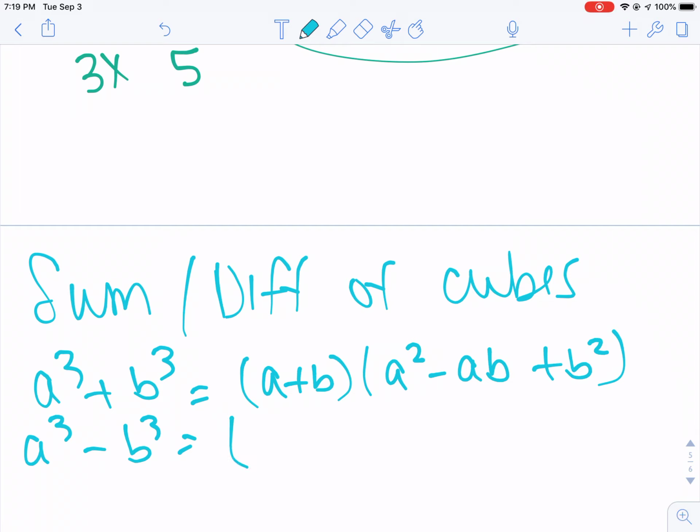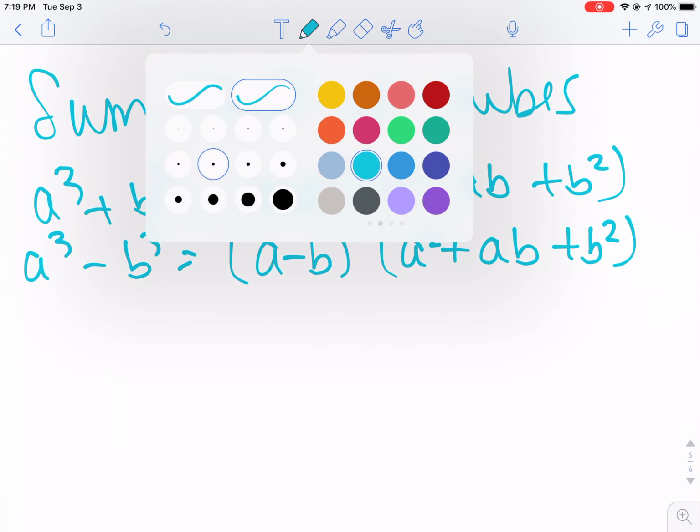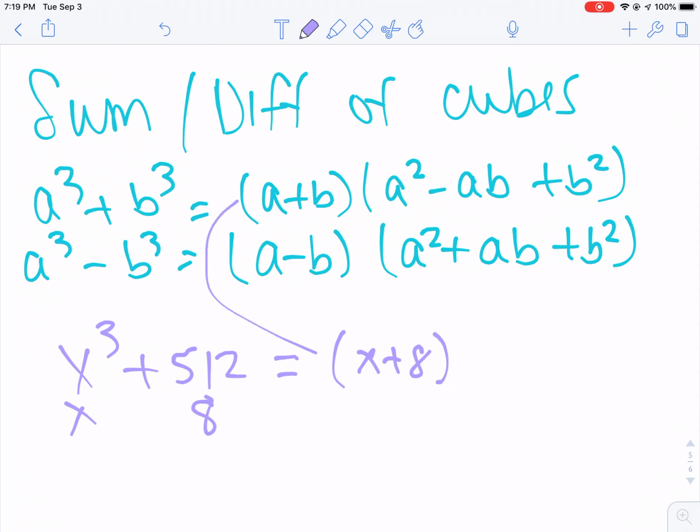And if it's minus in the middle, then this is a minus b, and then these are all pluses. An example of this would be x cubed plus 512. The cube root of x cubed is x. The cube root of 512 I think is 8, which is what we decided in class today. So this becomes x plus 8, and I'm literally just plugging it into this equation: x squared minus 8x plus 64. And that is it.